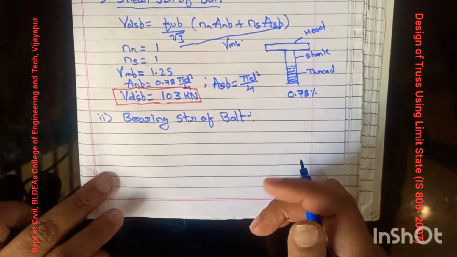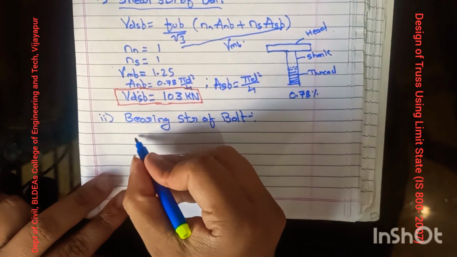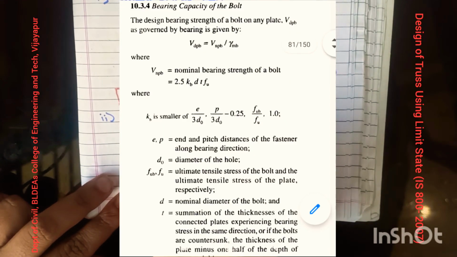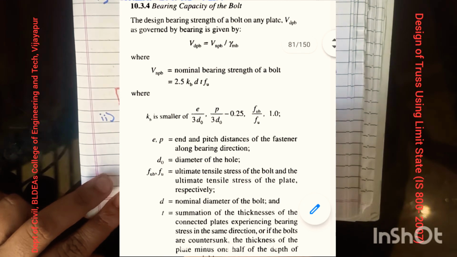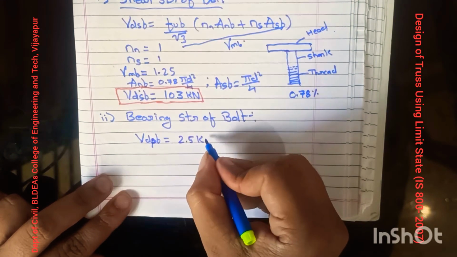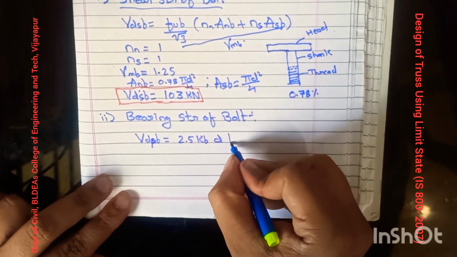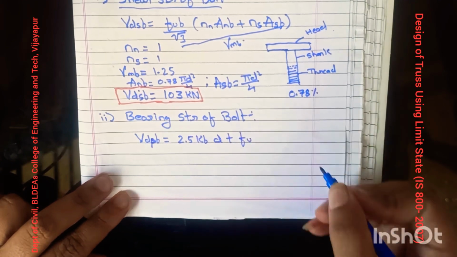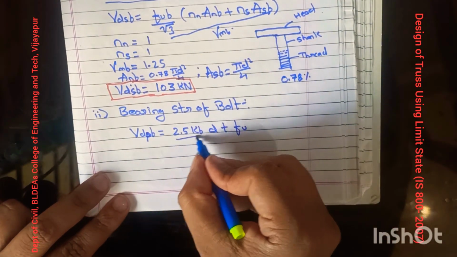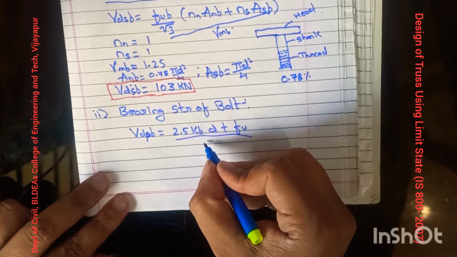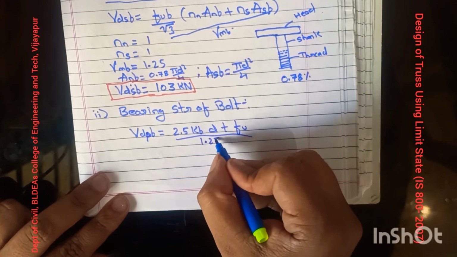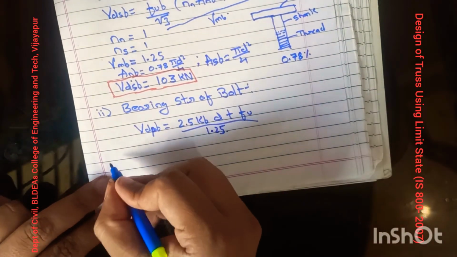As per IS 800 2007, the bearing strength of the bolt is given by VDPB equals 2.5 times Kb d t fu, whole divided by 1.25, that is the partial safety factor.